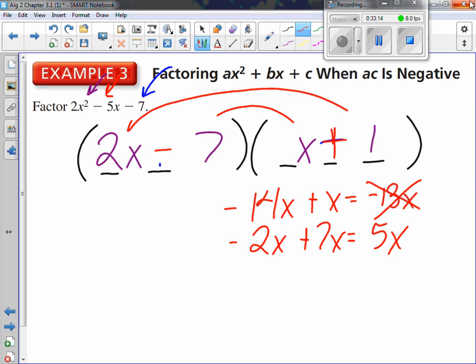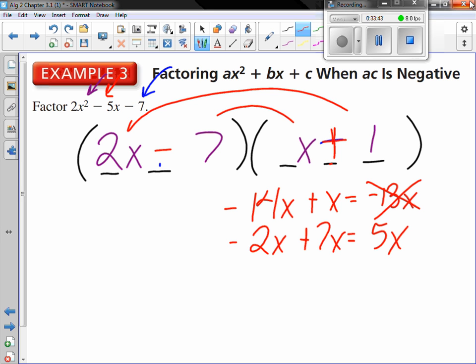Because if the middle term, when you check it, is the correct number but is the wrong sign, all you need to do is flip the signs. So here, since we had 2x plus 7, we're going to make it minus. Since the other one was x minus 1, we made it x plus 1.